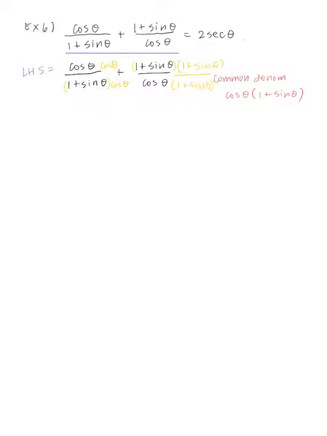Okay, so let's combine this into one fraction. So it looks like we're going to have cosine of theta times cosine of theta, whole thing over 1 plus sine of theta times the cosine of theta, and then 1 plus sine of theta, 1 plus sine of theta. Okay, so did I copy this right?